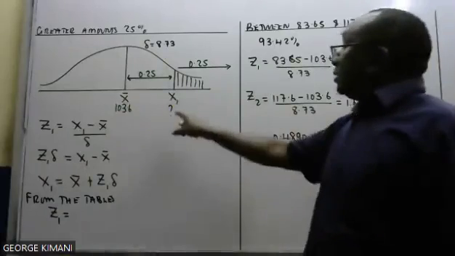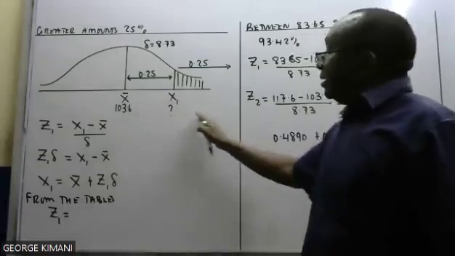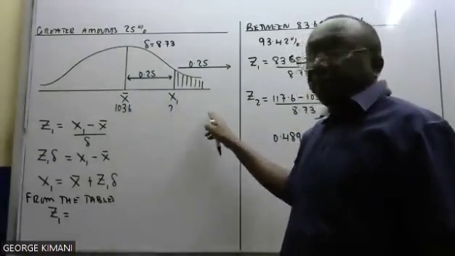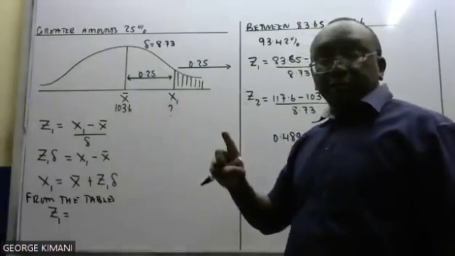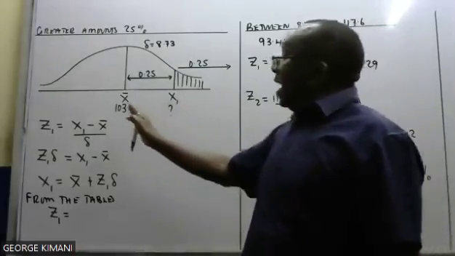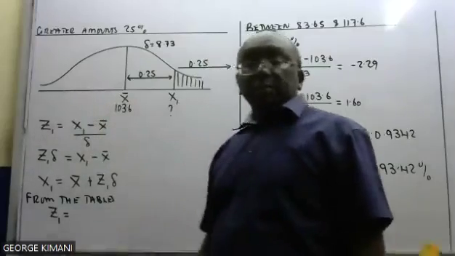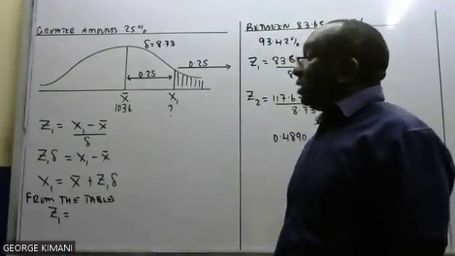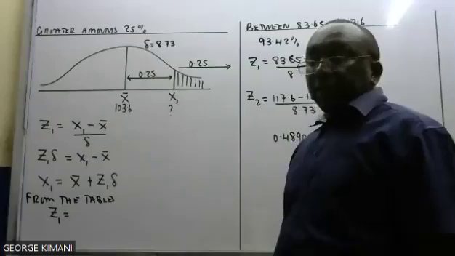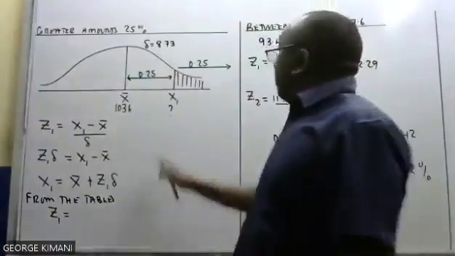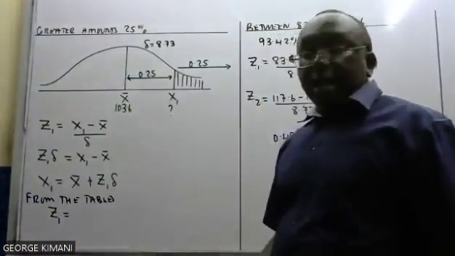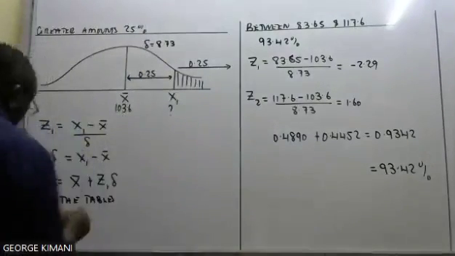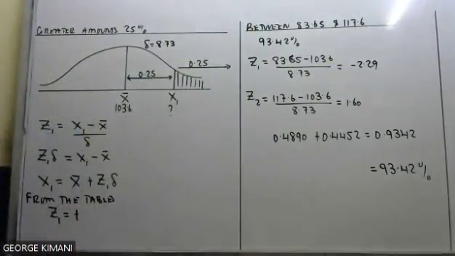As long as your x is on the higher side of the x bar, this side, your z value will be positive. But as long as your x is on the lower side, your z will be negative. So now that we are on the upper side here, that is a positive value. So we need to put it positive there. Just a minute.